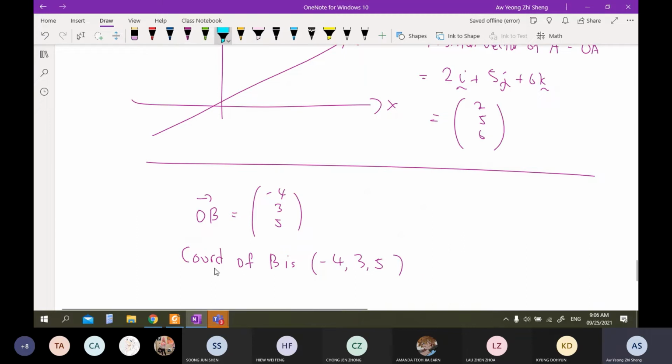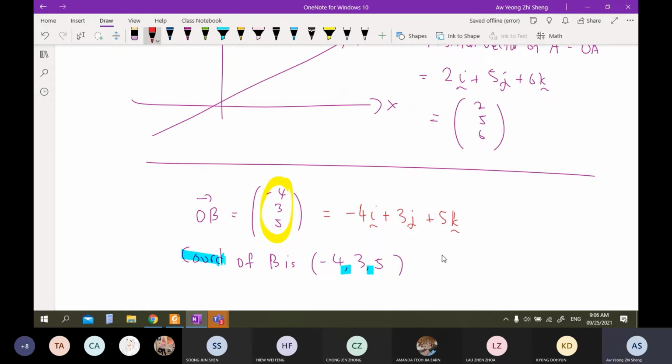When we talk about coordinates, it must be presented in coordinate form, with numbers separated by commas and listed horizontally. If they want a position vector, then you either list out the numbers in vertical bracket, or you can also say minus 4i plus 3j plus 5k.